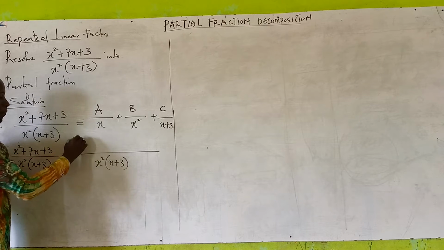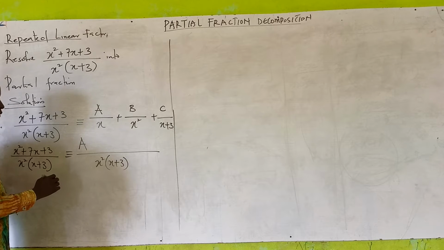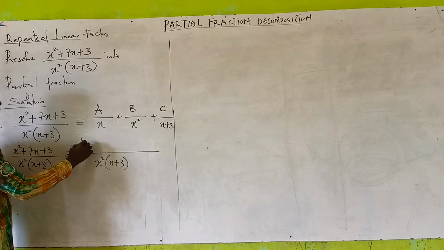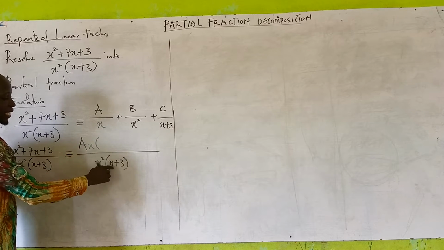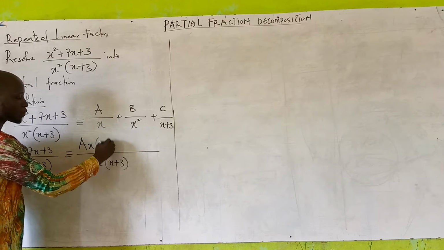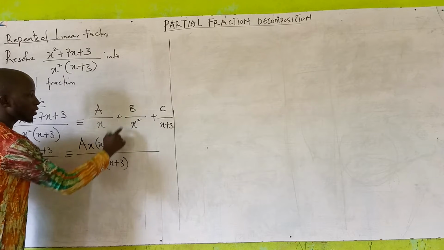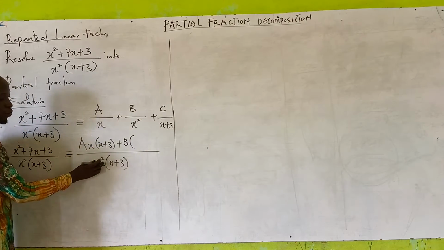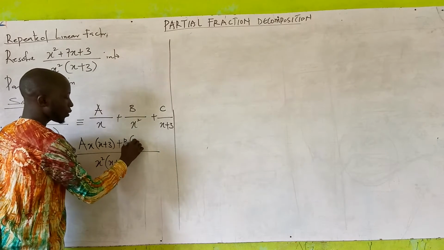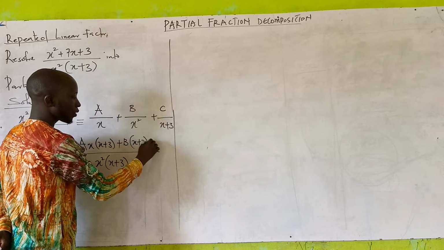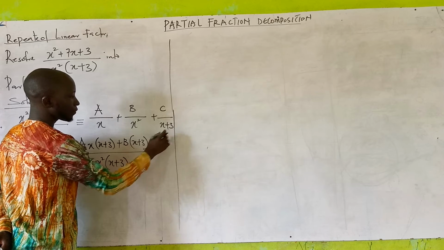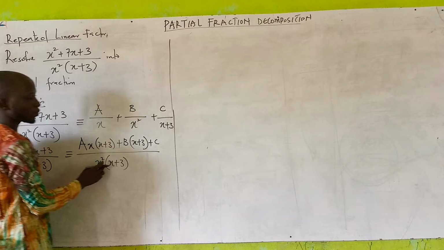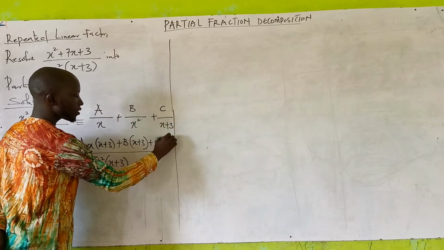Now here we have A times x: we eliminate one x from here, remaining x into bracket (x plus 3), plus B into bracket: we remove this x squared, it remains (x plus 3), plus C, x squared.